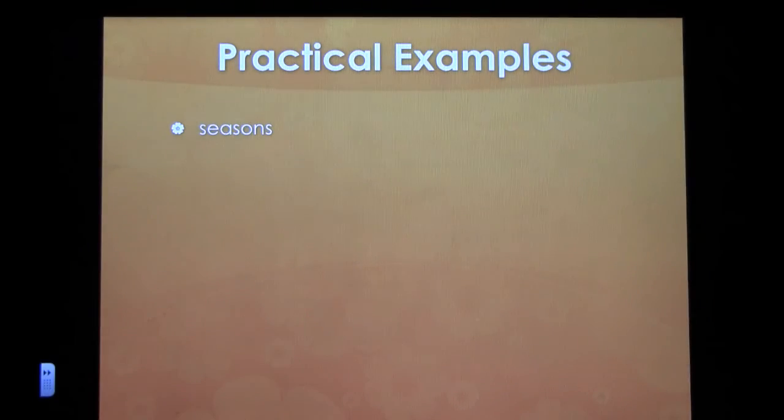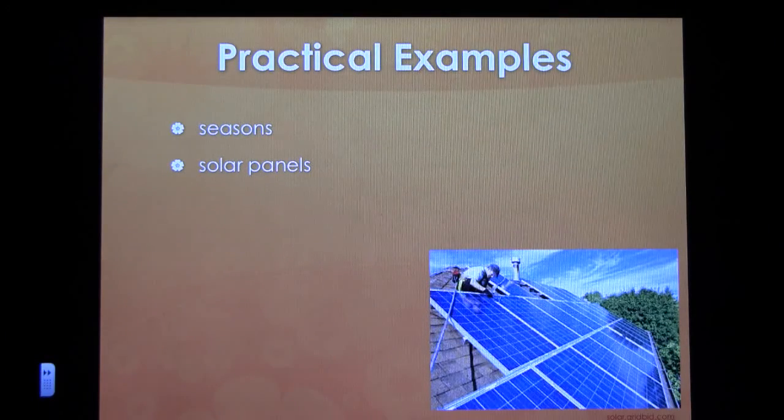Another example that highlights this relationship is the use of solar panels to convert solar energy as electromagnetic waves into electrical energy. The angle at which the sun strikes the surface of the panels determines how much current or electricity is produced.